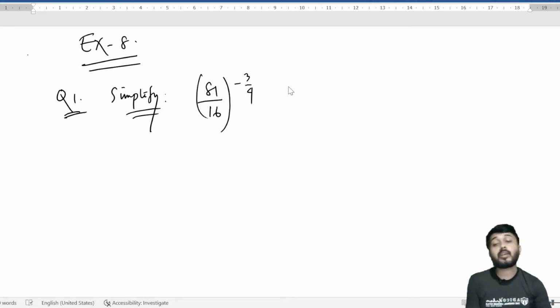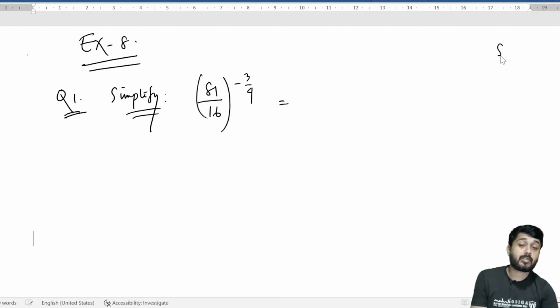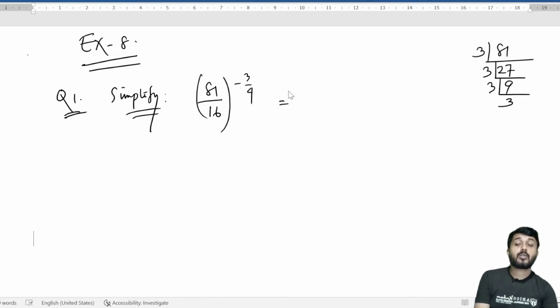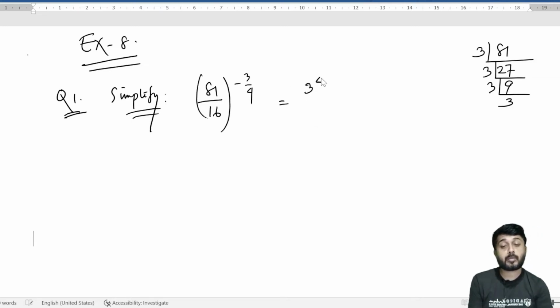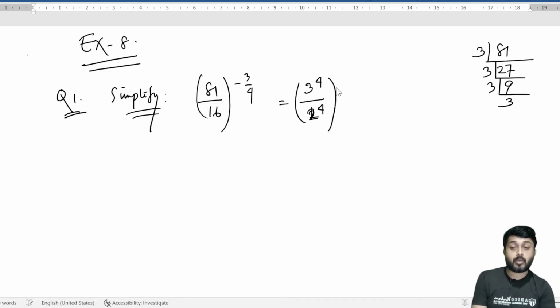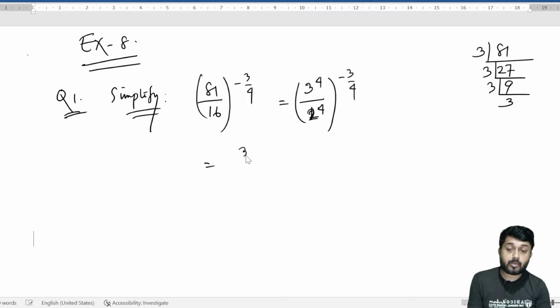What is 81? If you do the prime factorization of 81, it is 3 to the power 4. What is 16? If you do the prime factorization of 16, you can see that 16 is nothing but 2 to the power 4. So we have 3 to the power 4 by 2 to the power 4 whole to the power minus 3 by 4, equal to 3 by 2 whole to the power 4, right?